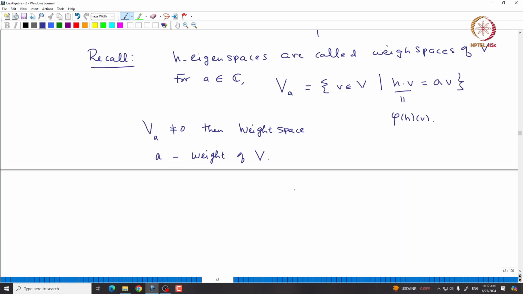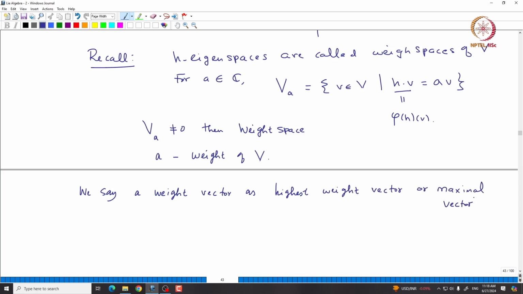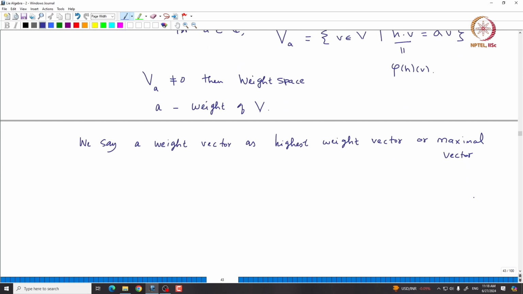Recall what a highest weight vector is. We say a weight vector is a highest weight vector, or sometimes called a maximal vector. This is the terminology Humphreys uses, maximal vector.